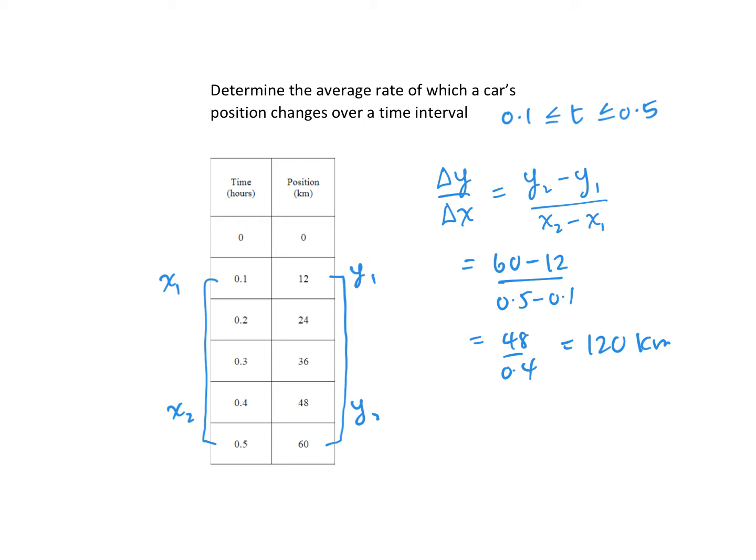Don't forget to put units if they are included. I see that this table is measuring in kilometers per hour, so just make sure that we include the units. So the rate of change between 0.1 hours and 0.5 hours is 120 kilometers per hour.